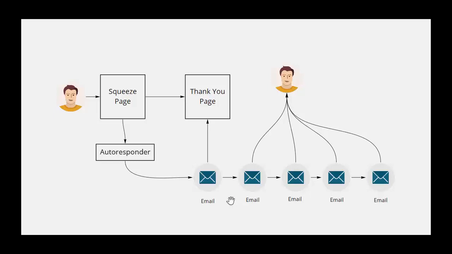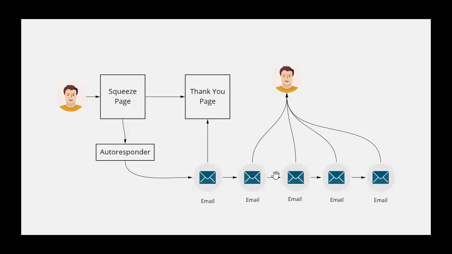What you want to do is to make sure that in every one of these emails you're providing some sort of value. What you don't want to do is to come across as salesy and be pitching products in every email, because what will happen is this person will just unsubscribe from your email list and you won't be able to contact them again.